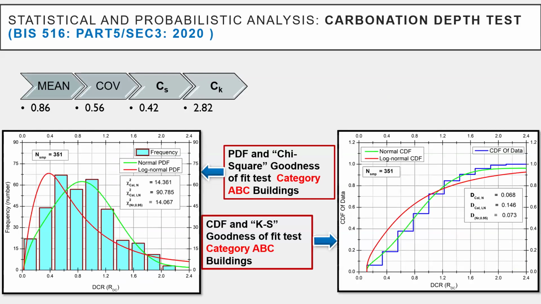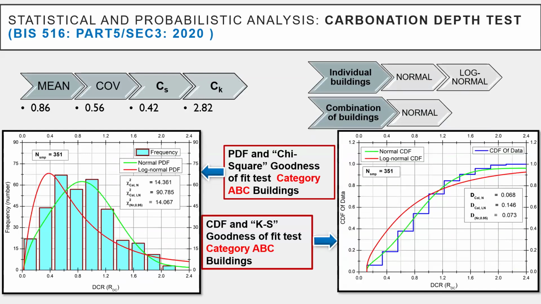Coefficient of variation is 56%, coefficient of skewness is 42.42, and coefficient of kurtosis is 2.82. The chi-square test and KS test have been applied, and we found that individual buildings can follow both normal and log normal distribution, and the combination of buildings can follow normal distribution.